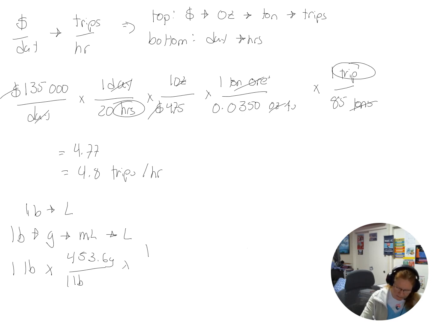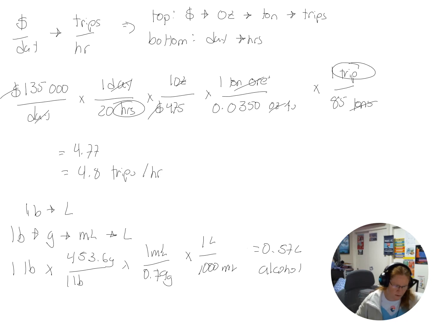Our density was 1 mil per 0.79 grams and 1 liter for every 1,000 milliliters. So you should get 0.57 liters of alcohol.